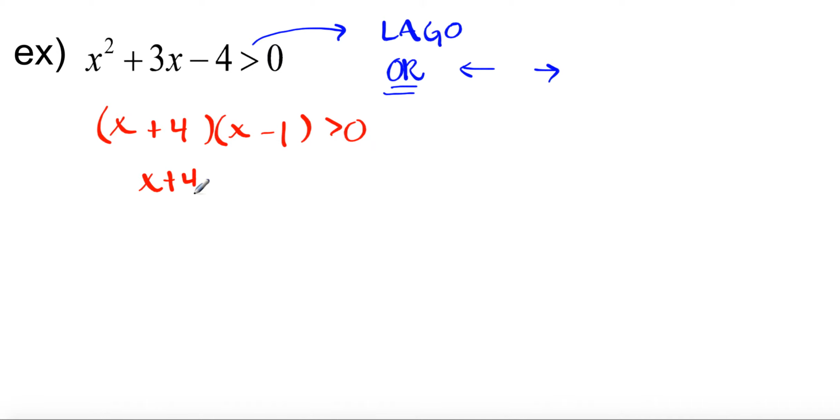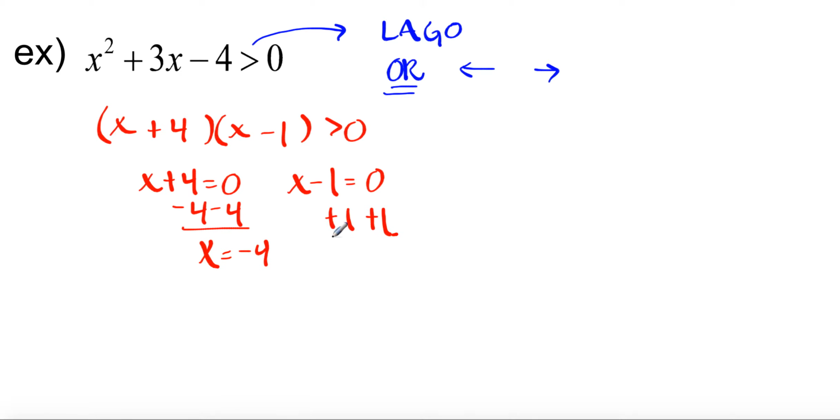Set those equal to 0, just like solving quadratic equations. Solve for x. We get x is equal to negative 4, and we get x is equal to 1. And we already know it's an or, so we're going to put some numbers on our number line. And we'll put negative 4 down here, 1 here. That's a negative, that's a positive, so I'm just going to use 0 in there. Even though 0 is not exactly in the middle, that's okay.